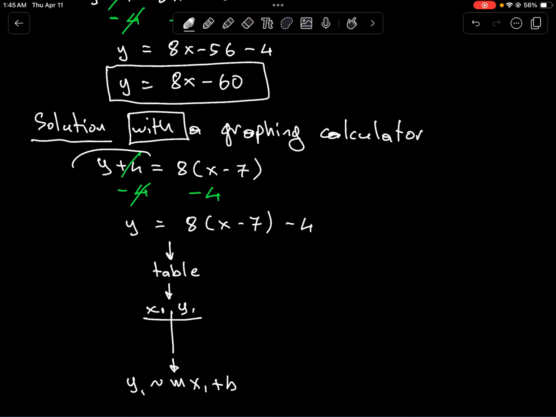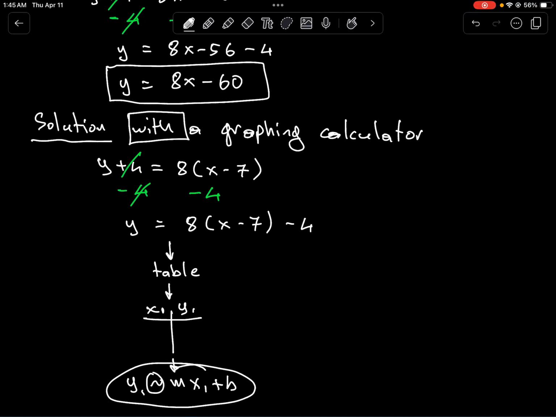I take the given function, I isolate y so that my calculator can find a table. Then I use this table to create a chart with x1, y1. This chart my calculator is going to read, and with the squiggly is going to be able to give me the slope-intercept form. So let's see how that works on the graphing calculator.